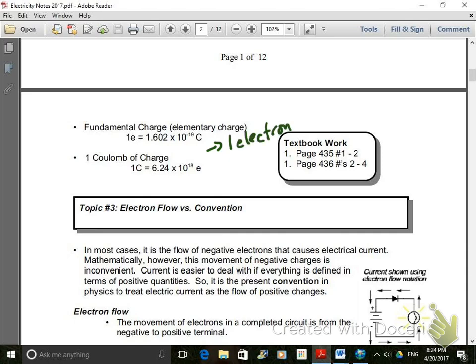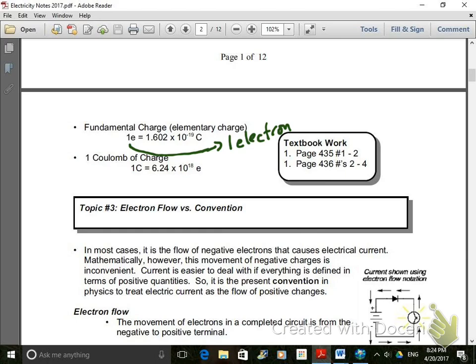So that one electron, which is the 1e here, 1e is equivalent to 1.602 times 10 to the negative 19 coulombs. And it is a charge that was discovered by what was called the Millikan experiments, which I will review very briefly in a minute.